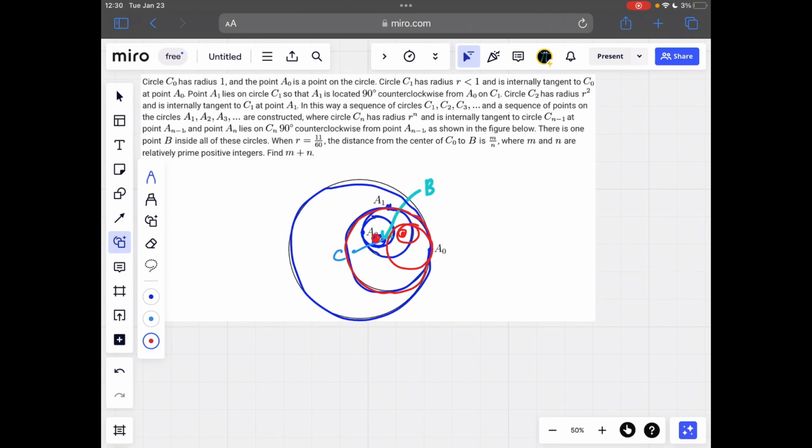And now all we have to do to get the original figure back, minus circle C0, is just apply a 90 degrees counterclockwise rotation.